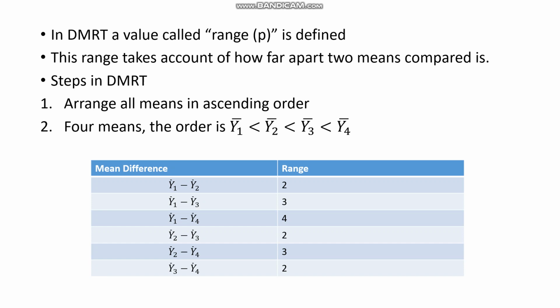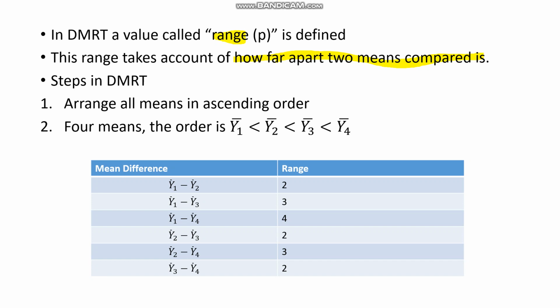So first, in DMRT a value called p represents the range. First we need to define that. This range takes account of how far apart the two means compared are.